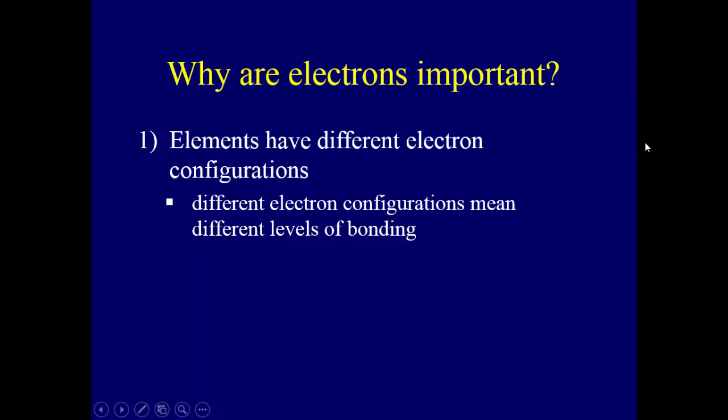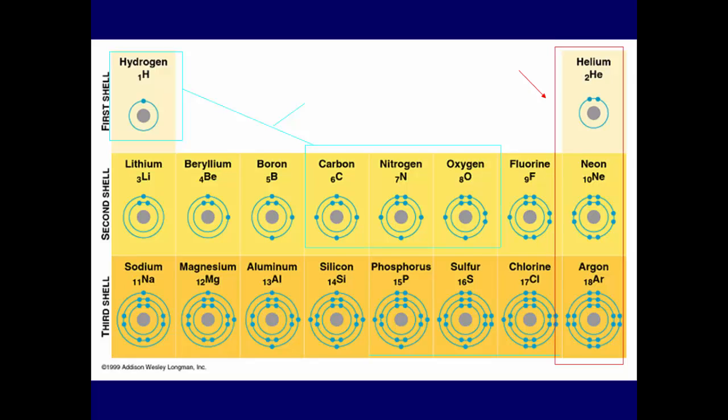Okay? Electrons are important because elements have different electron configurations. Different electron configurations mean different types of bonding. And here we have an example of the periodic table of elements, and each of these columns in the periodic table represents how many electrons are in the outermost shell.